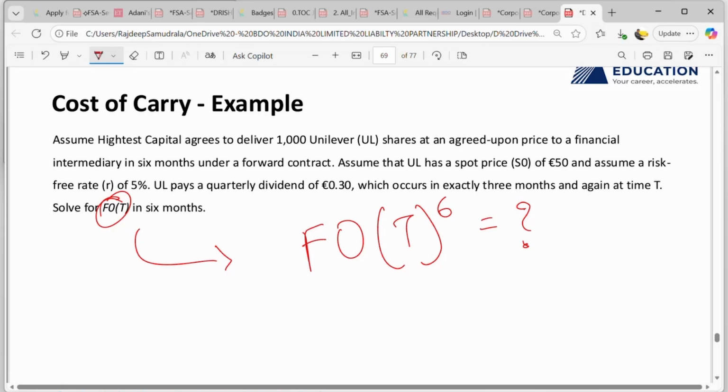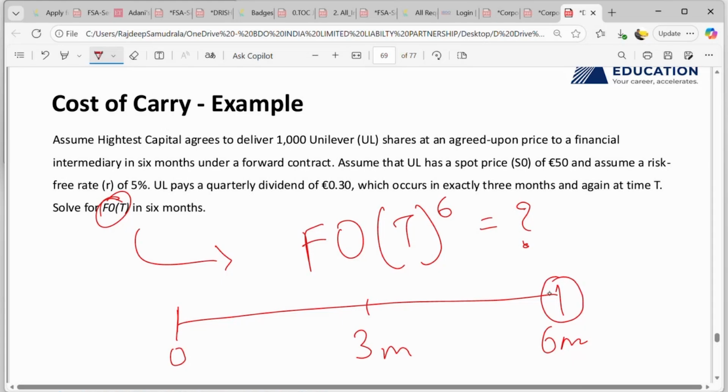Okay, so because you remember, I'm asking you a time. So look here at this. It's time today at time 0. This is 6 months. And this is 3 months. Right? I want you to tell me the price here. So if you're earning something here, you'll have to consider that time value of money for only 3 months.